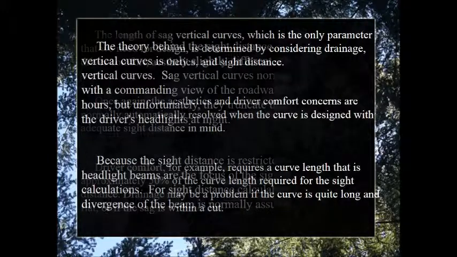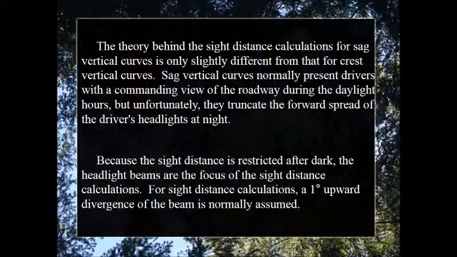The theory behind the sight distance calculations for sag vertical curves is only slightly different from that for crest vertical curves. Sag vertical curves normally present drivers with a commanding view of the roadway during the daylight hours, but unfortunately, they truncate the forward spread of the driver's headlights at night.